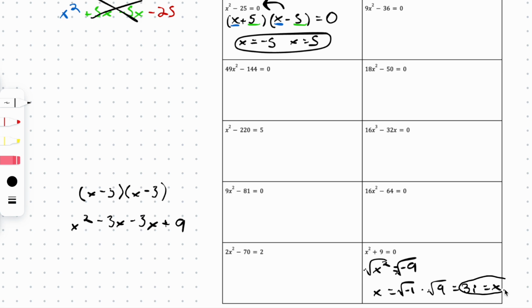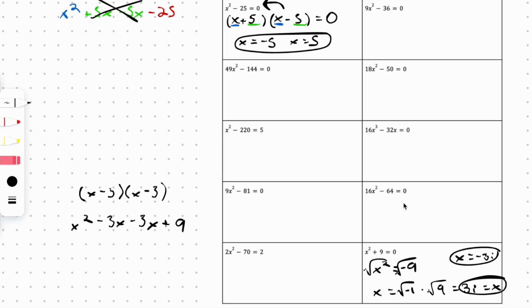If you don't know exactly what happened there, that's fine. We'll talk about that later. But the answer to this problem is going to be 3i. Or technically it can be -3i too, I believe.